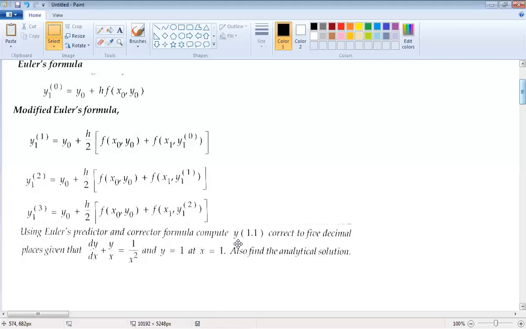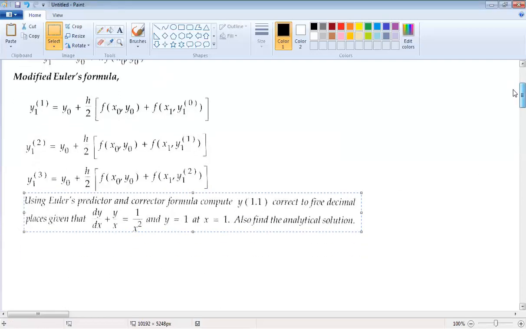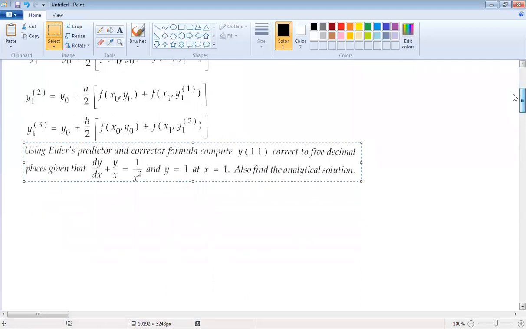Remember, modified Euler's method is also known as Euler's predictor corrector formula. So the problem says, using Euler's predictor corrector formula, compute y of 1.1 correct to 5 decimal place. And they have given dy by dx plus y by x is equal to 1 by x square, and y is equal to 1 at x is equal to 1.